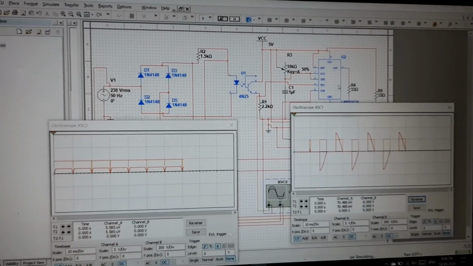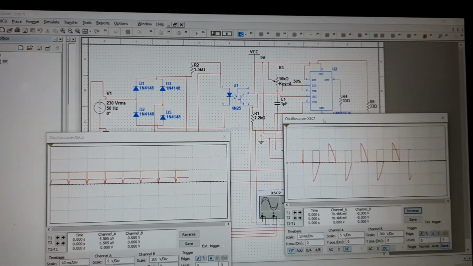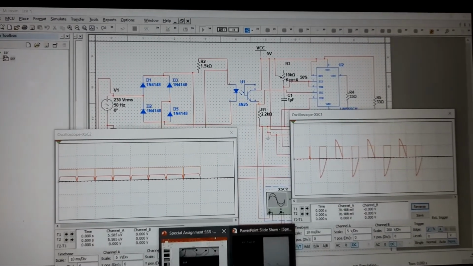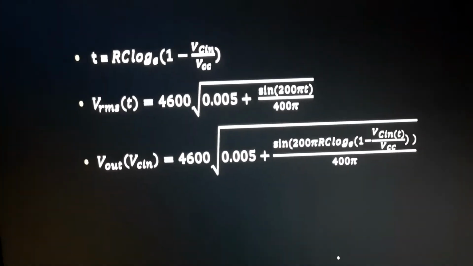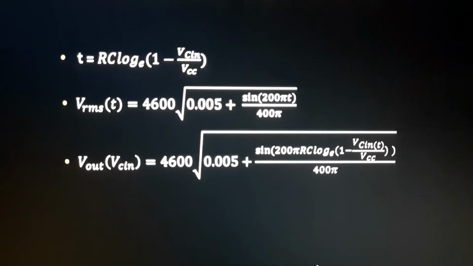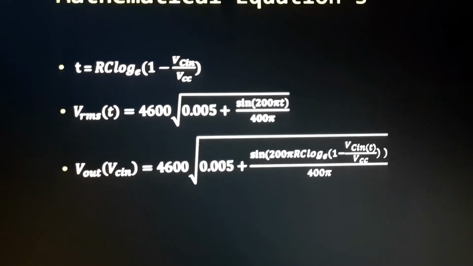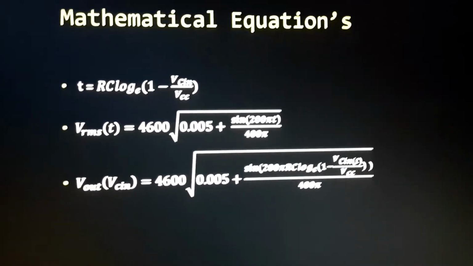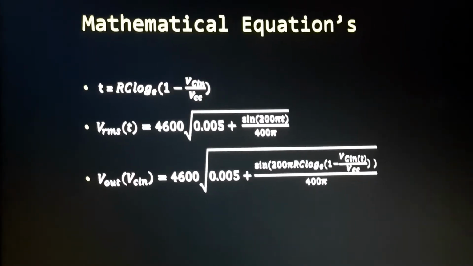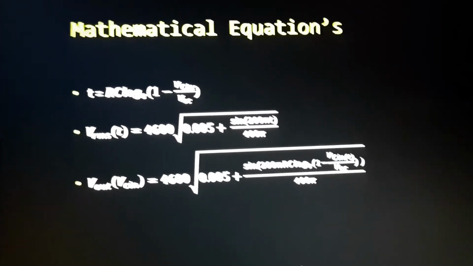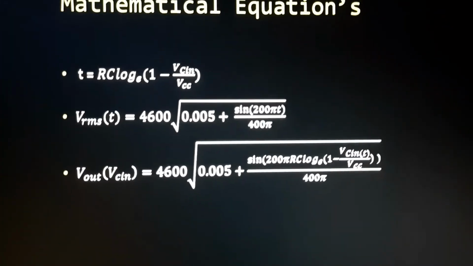And the basic formula which this circuit follows, for input DC voltage and output AC voltage, is this, which is derived by taking into consideration the time for the capacitor to reach the control voltage provided, and then that time is kept relative to the RMS value of the AC cycle.